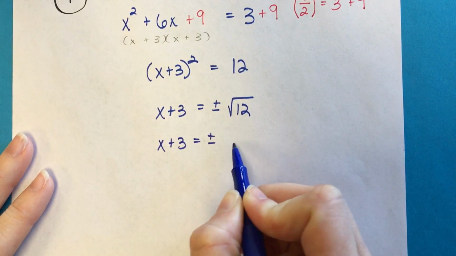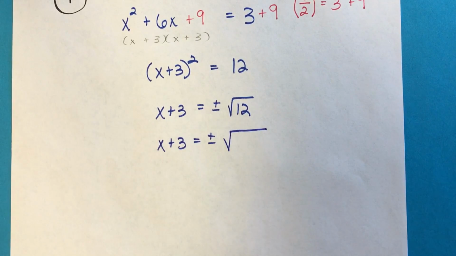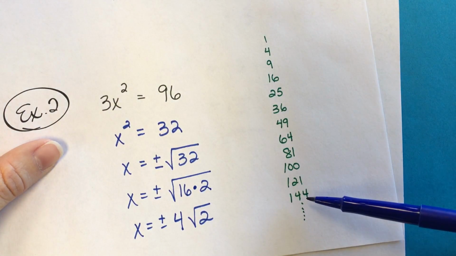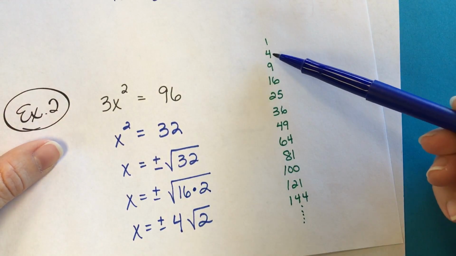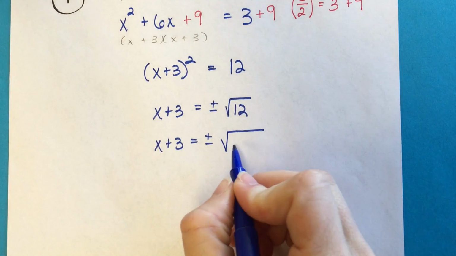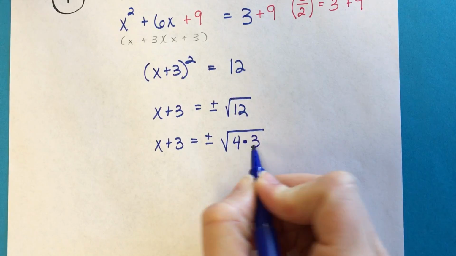It's not a perfect square, but if you go back to that list of numbers that I had written down for you a while ago, you've got to find what in this list will go into the 12, and it will be the 4. So 4 will go into 12 3 times.